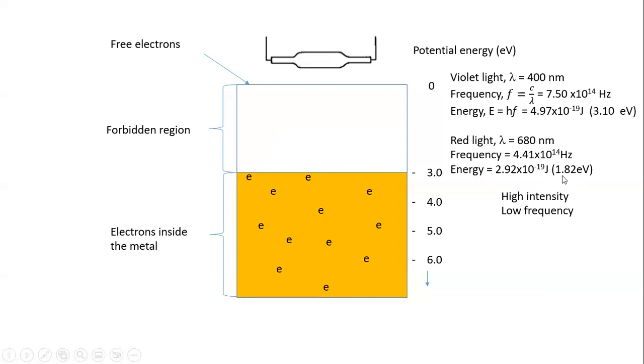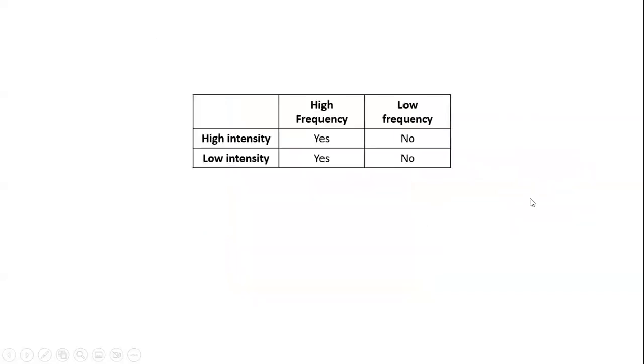So Einstein explained that intensity refers to the number of photons. The energy of the photon is related to the frequency of the photon. So unlike a wave, where the intensity is related to the amplitude squared, intensity and frequency are independent of one another.